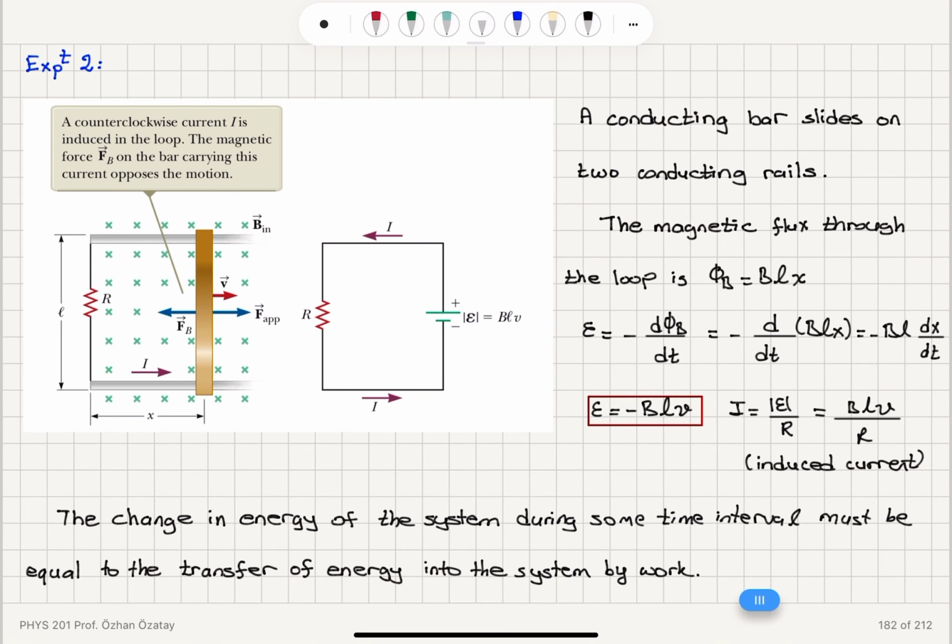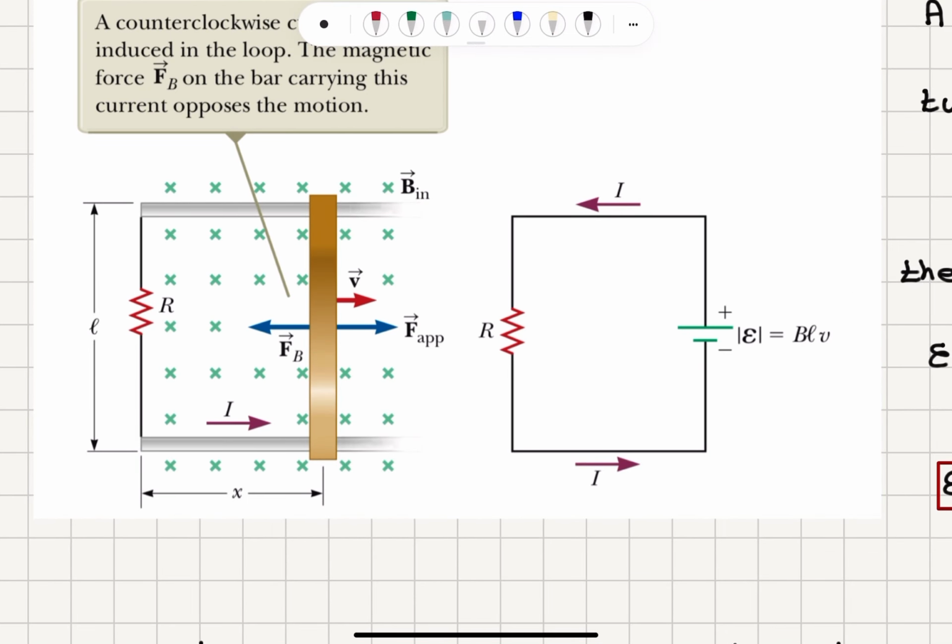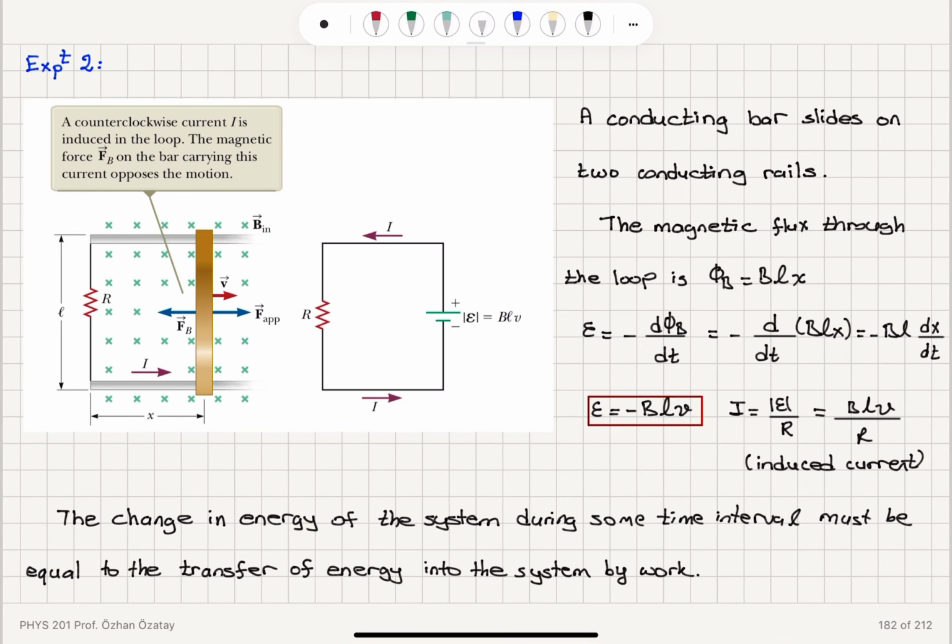Well, there's another way to see that. If you look at this conducting loop and apply Faraday's law, the area of this loop is L times x. The magnetic field is B, so BLx is the magnetic flux, and as this conductor moves to the right, the area is going to be increasing.